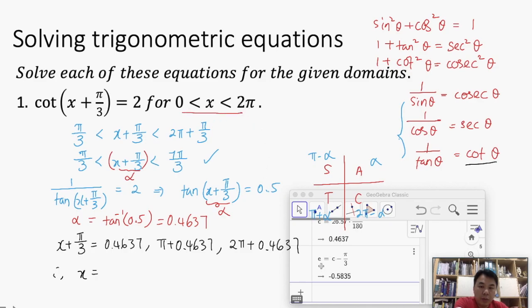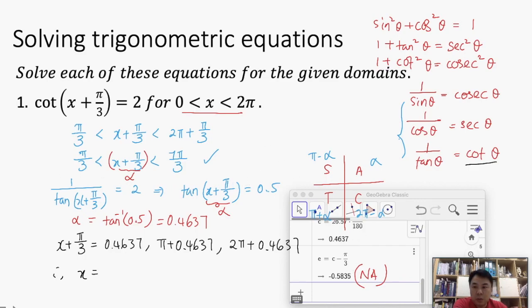The original domain for x lying between 0 and 2 pi, but if you take the first solution, you will end up with negative 0.5835, which we need to reject. So this part we need to reject because it's outside of the domain.